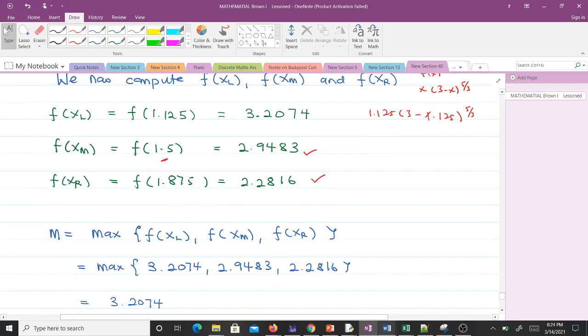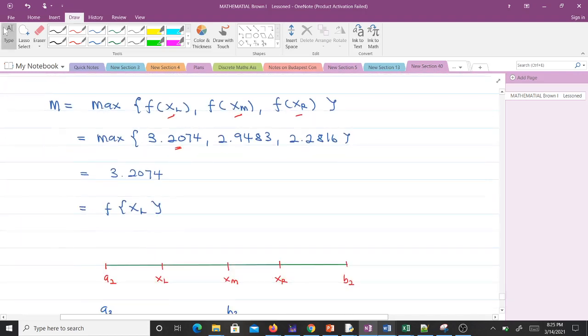Okay, all right. So after getting this, we have to find the maximum of it. So the maximum of f of xl, f of xm, f of xr is 3.2074, right, which corresponds to f of xl.